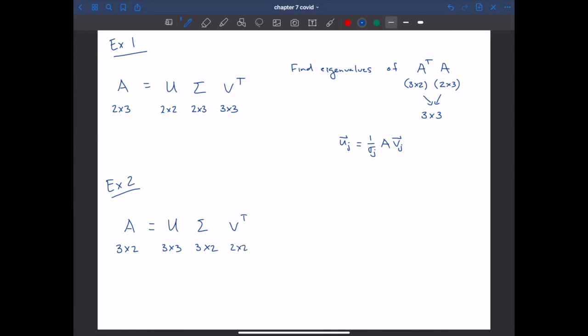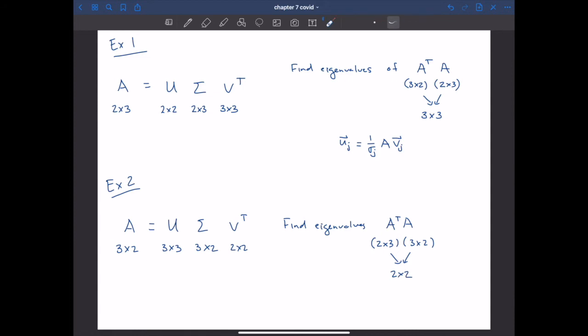In this case we had to find the eigenvalues of A transpose A. A is 3 by 2, A transpose is 2 by 3, and so when we multiply them together, we just get a 2 by 2 matrix.